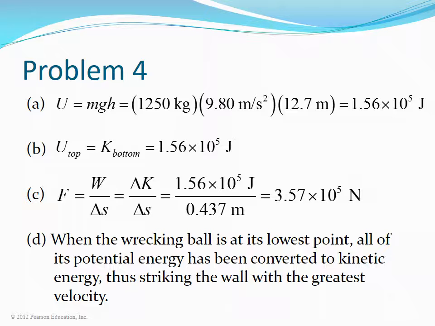From the work energy theorem, the work is equal to the change in kinetic energy, which is 1.56 times 10 to the 5 joules, given a force of 3.57 times 10 to the 5 newtons. When the wrecking ball is at its lowest point, all of its potential energy has been converted to kinetic energy, thus striking the wall with the greatest velocity.